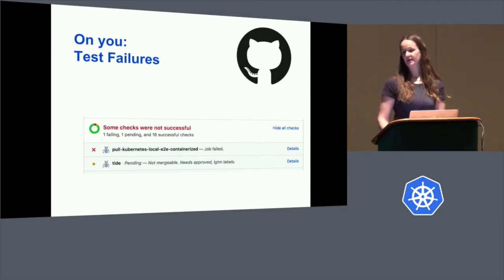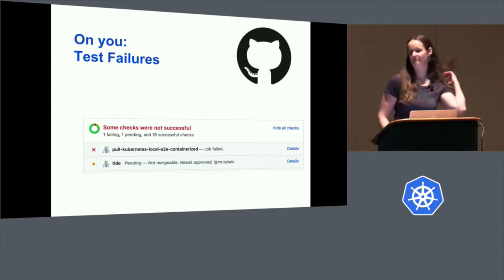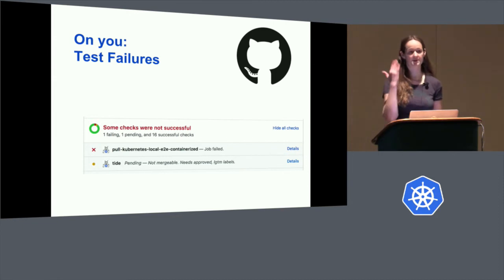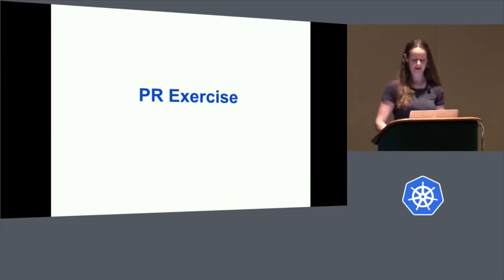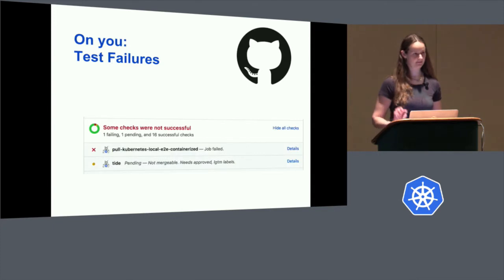I already mentioned that you can tell the bot to retest your pull request, but sometimes there's a linting error, or you failed to run the go vet thing before you submitted your pull request. So you might want to do that first. Tim will talk a little bit about that, I think. But go look at the test failures, find out what broke, fix it. Again, that's on you. Can you test locally before you submit? Yes, you can.